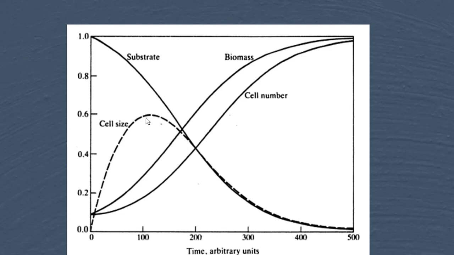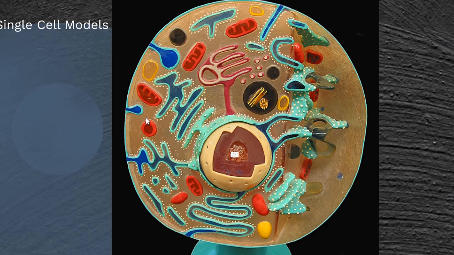Next, we have discussed single cell models, which have the advantages that they can incorporate cell geometry and its influence on metabolic transport, and they can predict the various temporal events during the cell cycle.